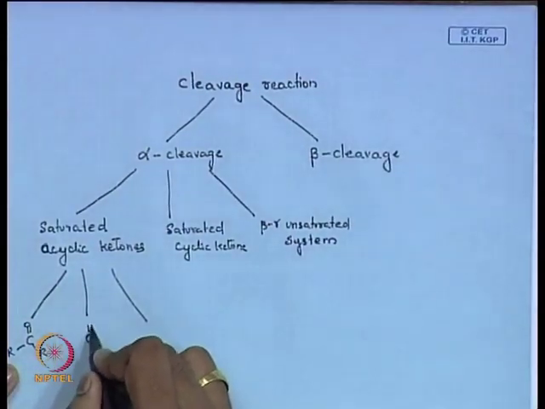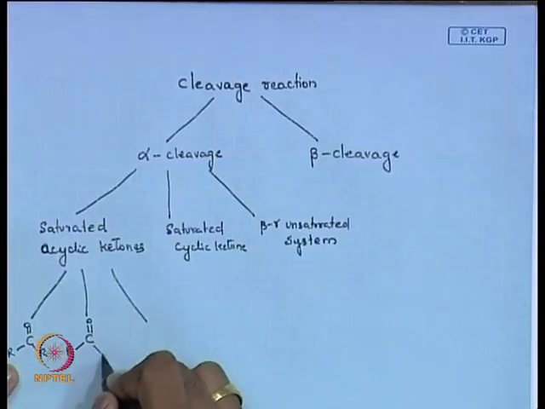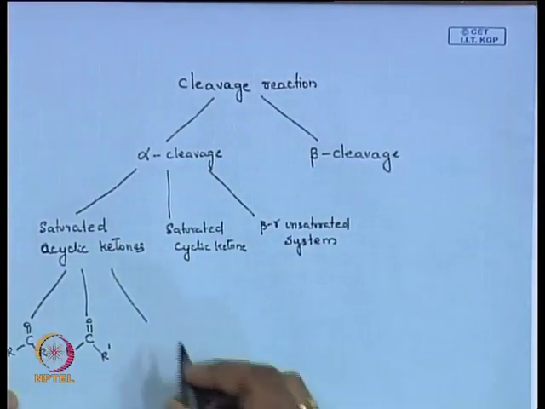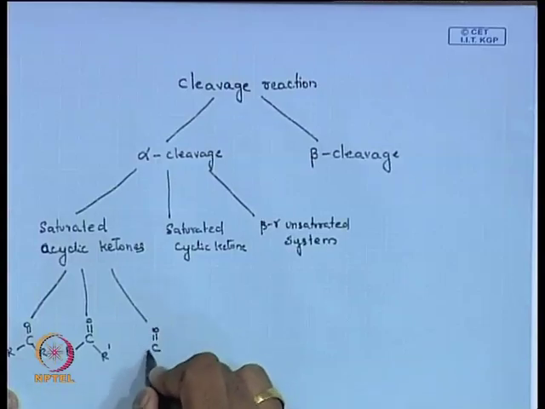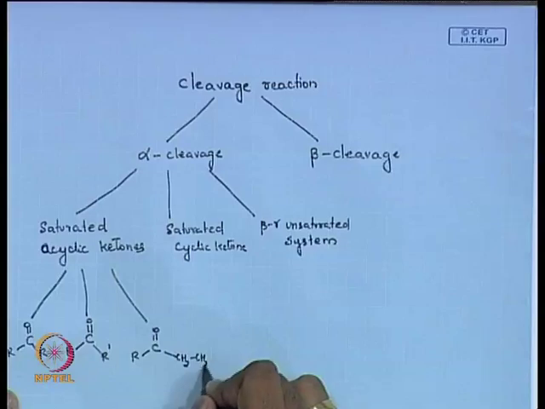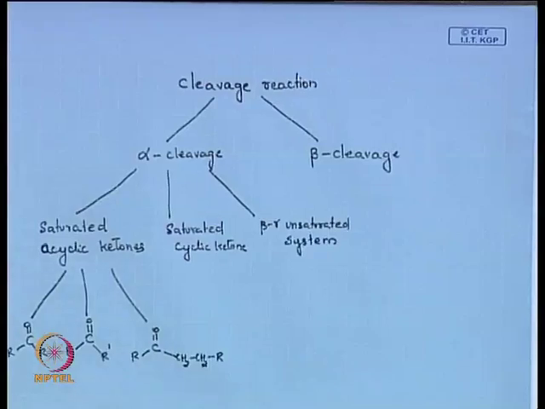Then we took a carbonyl where both sides are different. Then we took a carbonyl which has a hydrogen in the beta position. There we saw reactions like intramolecular hydrogen abstraction happening. So these are the 3 ketones we worked on.